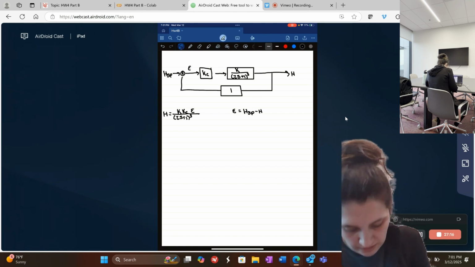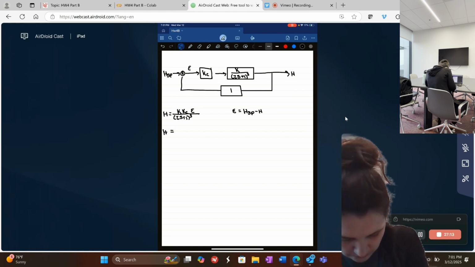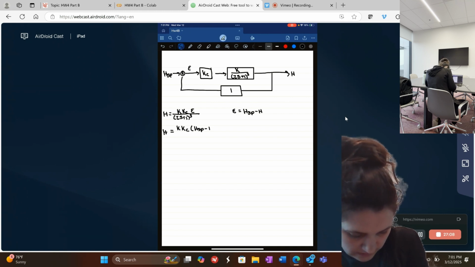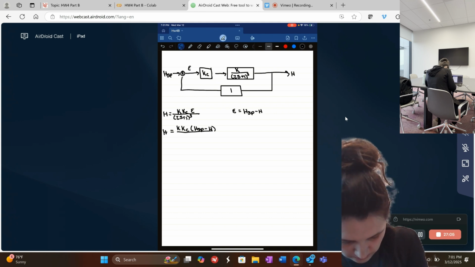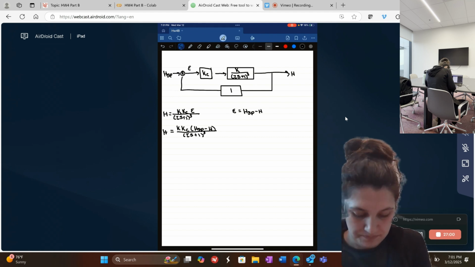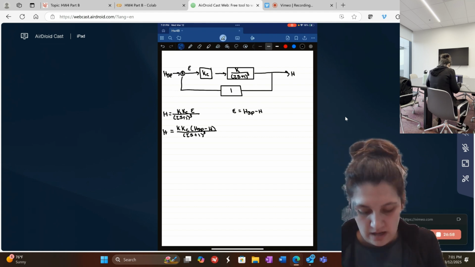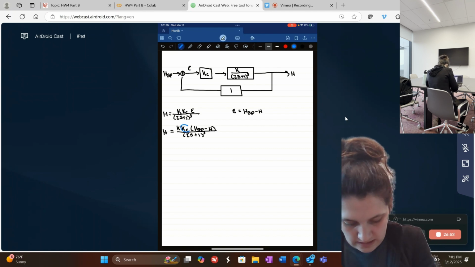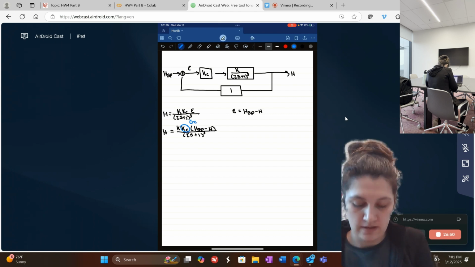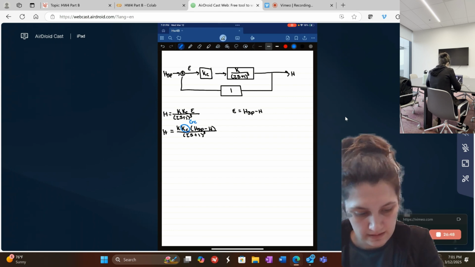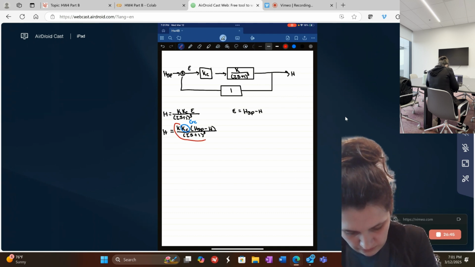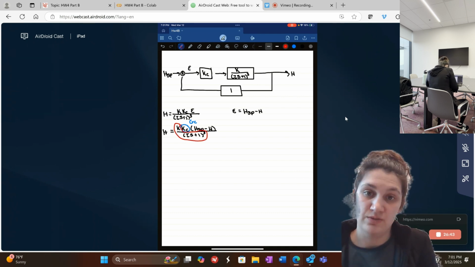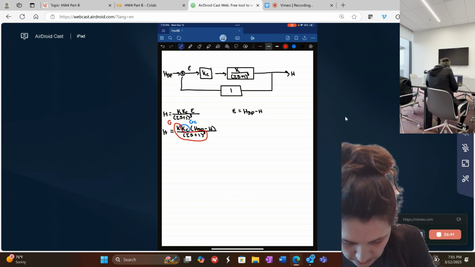And so I'm just going to go ahead and plug that in here, which is equal to K times Kc times (HSP minus H) all over (tau S plus 1) cubed. Perfect. Now we can identify Kc and rewrite it as the variable Gc, and K over (tau S plus 1) cubed as Gp.